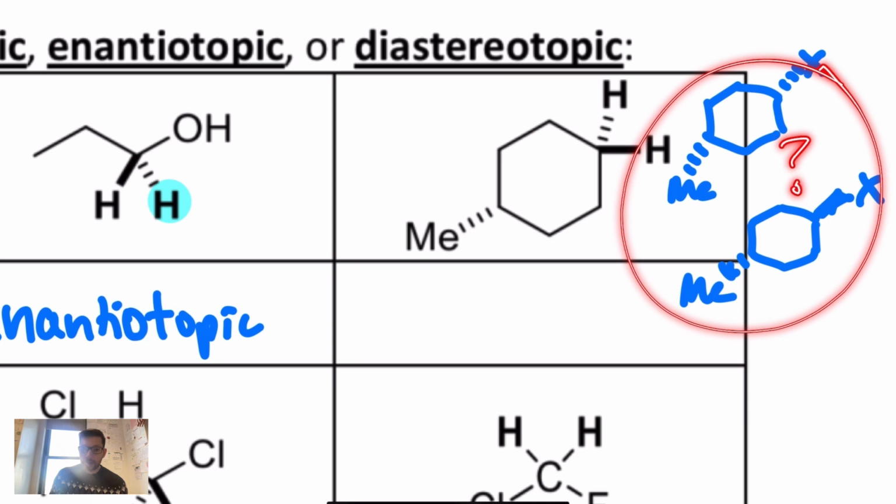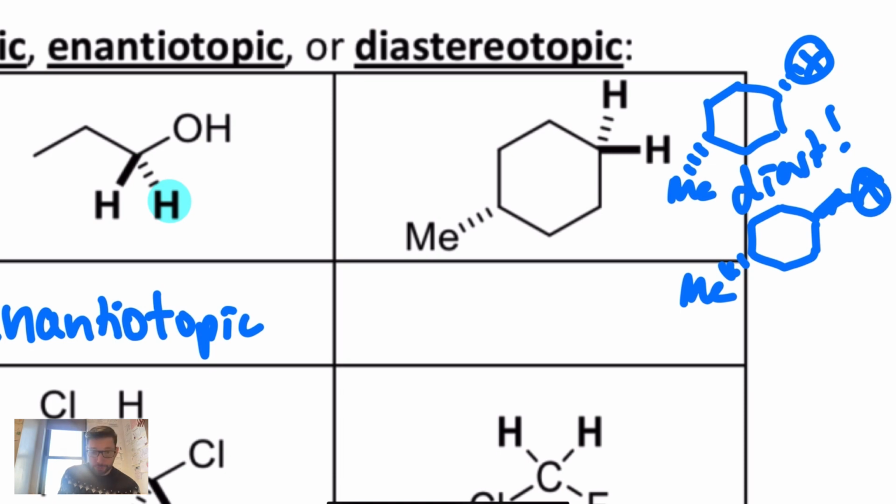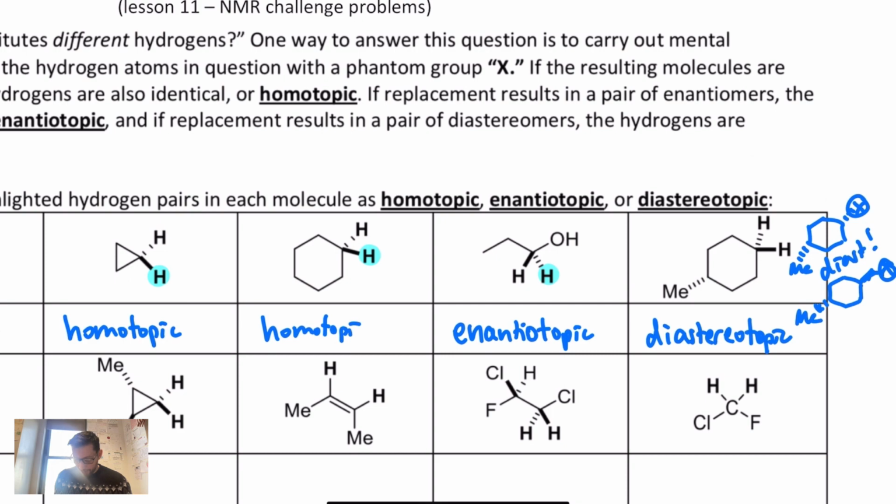Are they the same? Then those H's would be homotopic. Are they enantiomers? Then those two would be enantiotopic. In this case, it's neither of those. These are actually diastereomers of each other, these two phantom structures made by replacing one of the H's with an X group. So that means that these H's are diastereotopic. If you guessed that, you were right. So those are the three different categories we have.